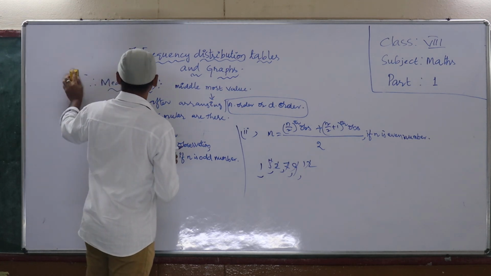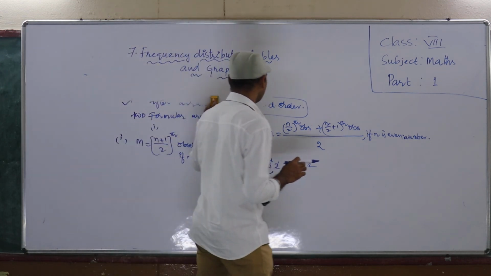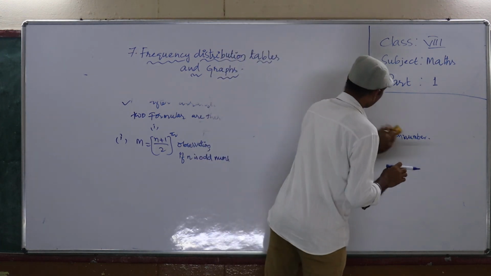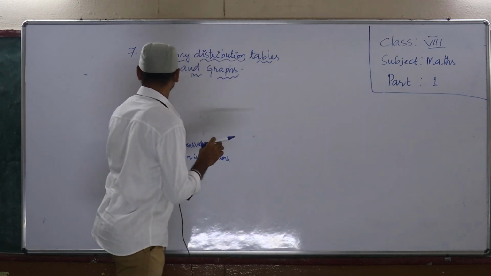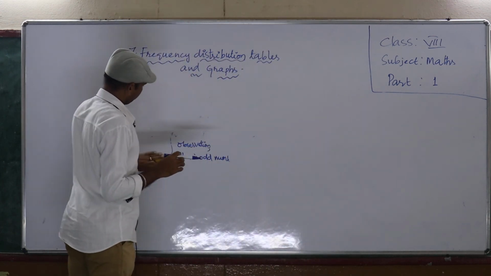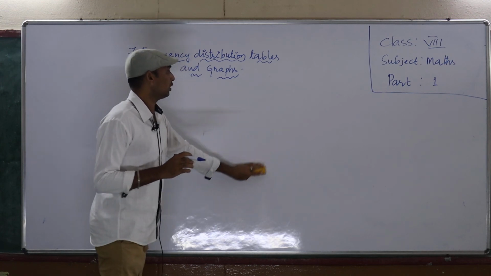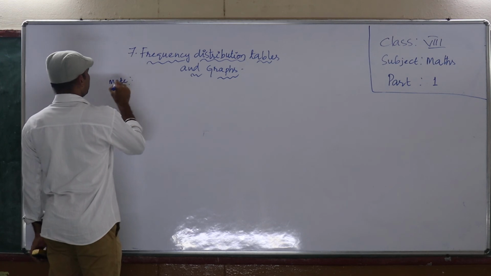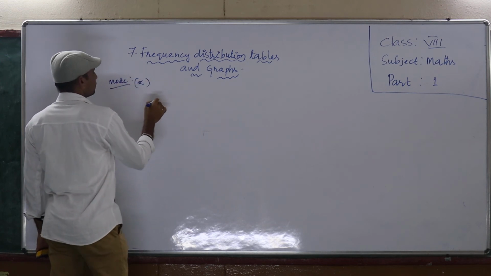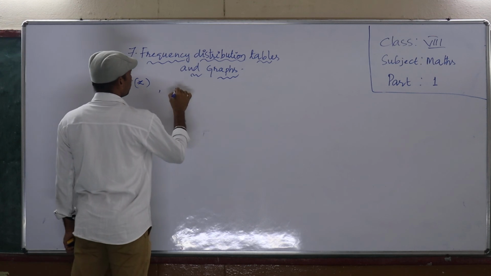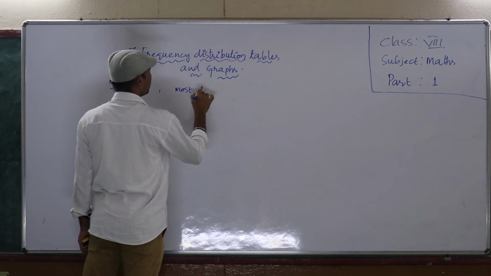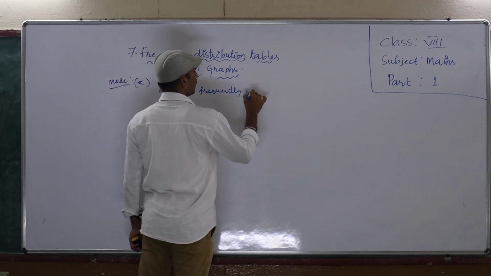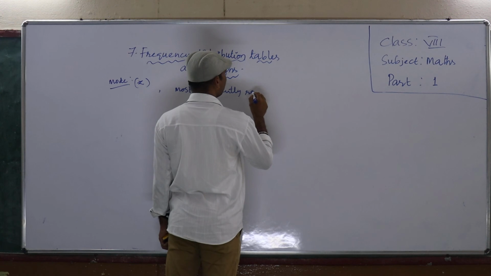The last one is mode, denoted by Z. Mode is the most frequently repeated value.